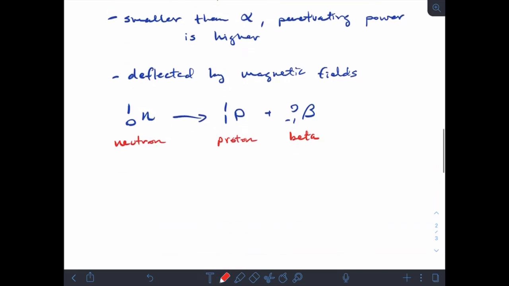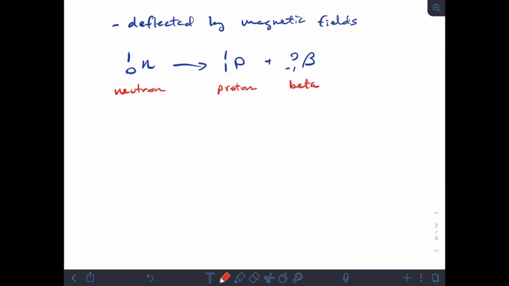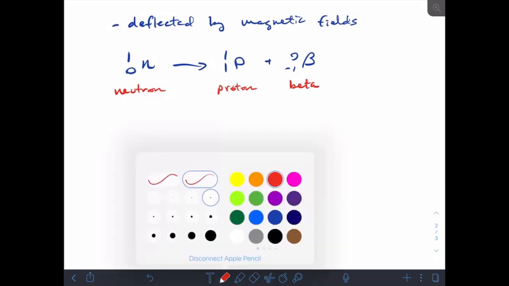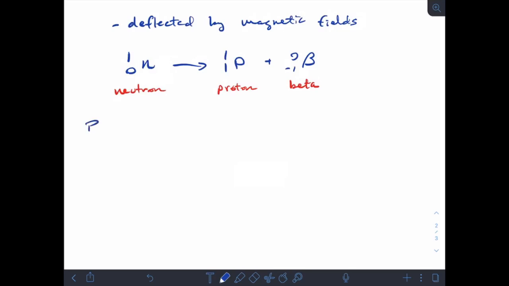So the other type of beta emission is what we call a positron. A positron is essentially the same as a beta particle, just oppositely charged. What happens with a positron is when you get a proton converting into a neutron.